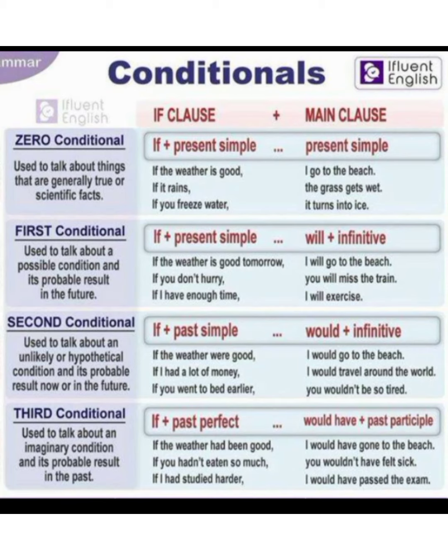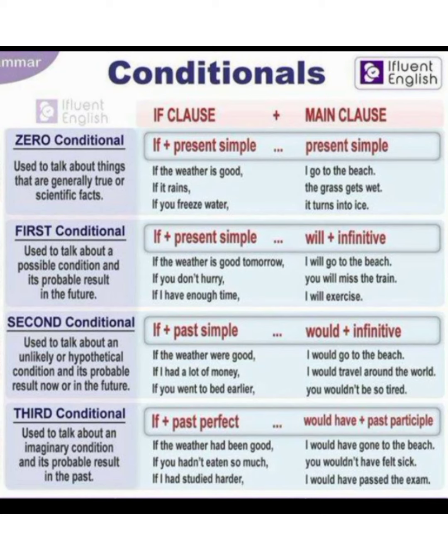First conditional is used to talk about a possible condition and its probable result in the future. Then comes the second conditional. It is used to talk about unlikely or hypothetical conditions and their probable result now or in the future. Third conditional is used to talk about an imaginary condition and its probable result in the past.